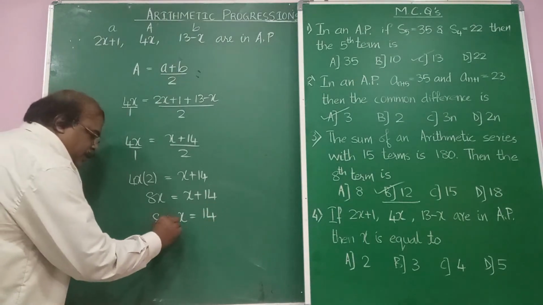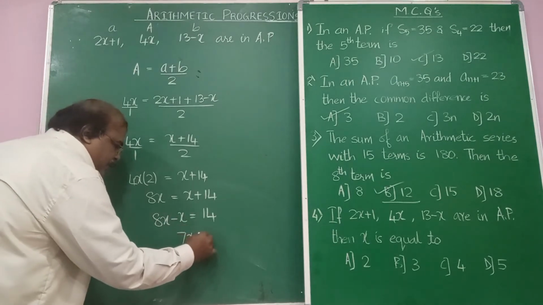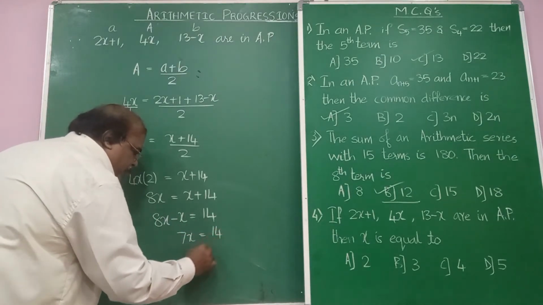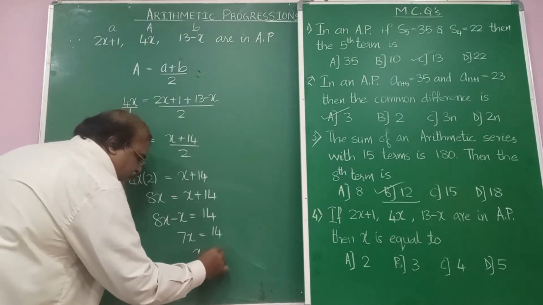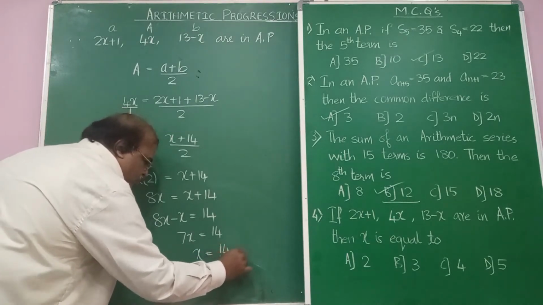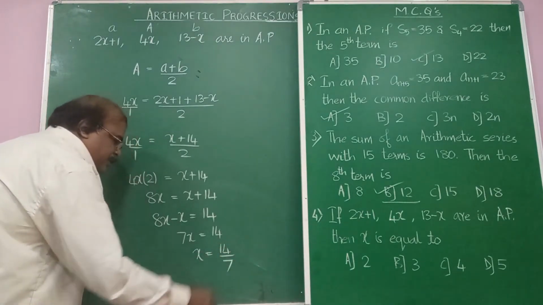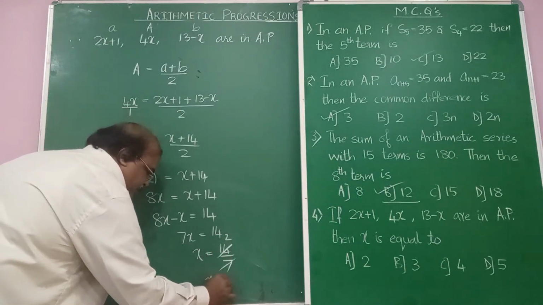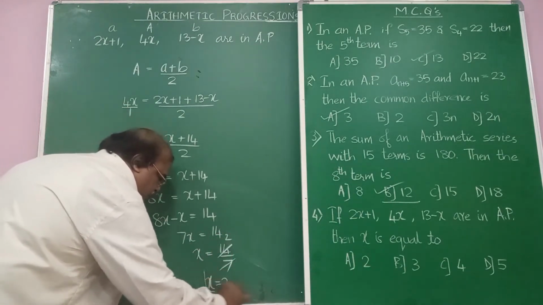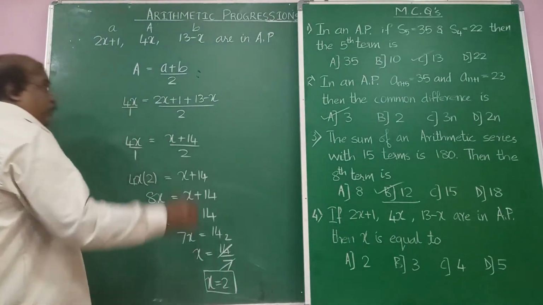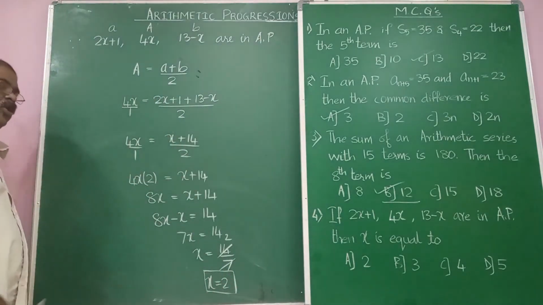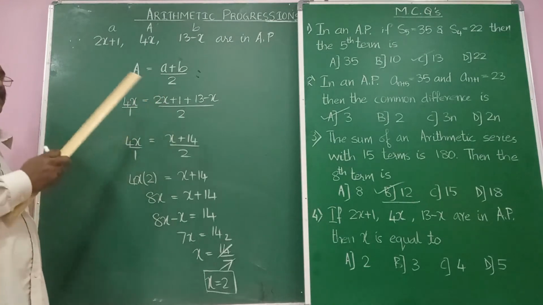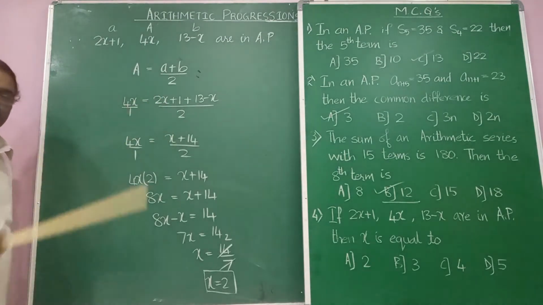So you get 7x is equal to 14. So x is equal to 14 upon 7, which is 2. So this sum can be solved by using the formula for arithmetic mean, or it can also be solved by the previous method.